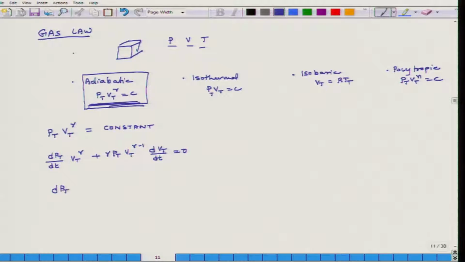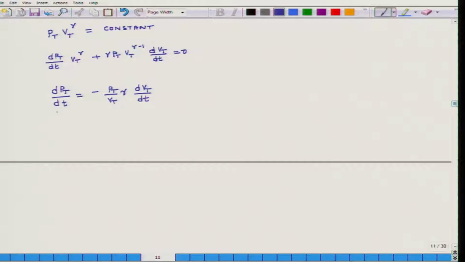Or the total derivative of pressure with respect to time is equal to minus Pt over Vt times gamma dVt over dt.